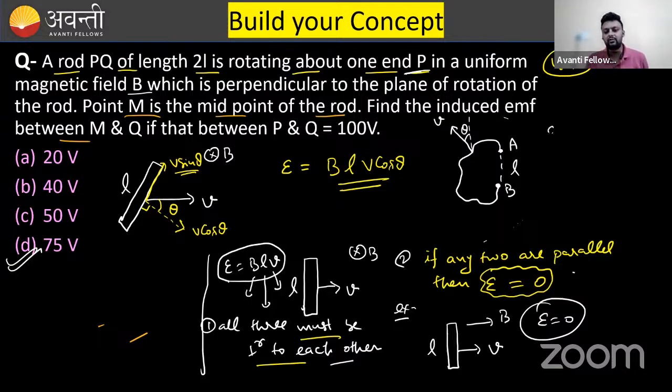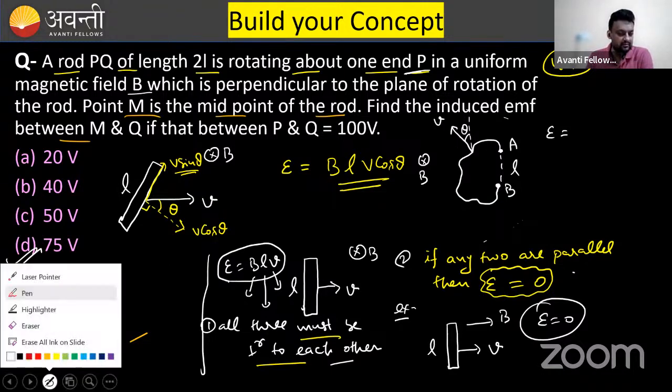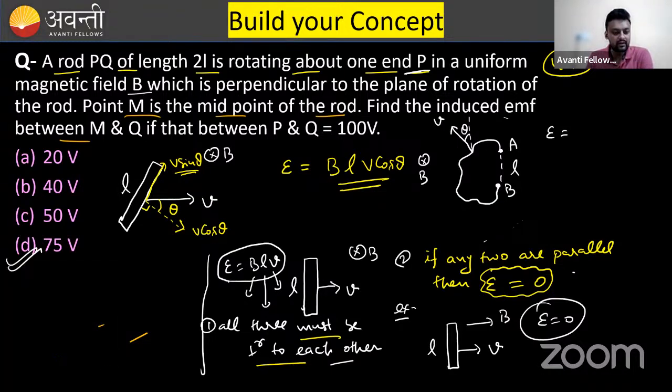What is the EMF induced in the wire? And the magnetic field is obviously B into the plane. I don't have the space, that's why I am writing it in such a way. I hope you can see it. Is it visible to everyone now?